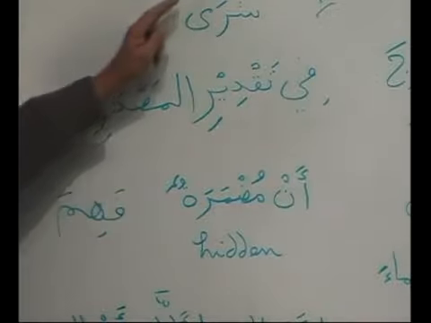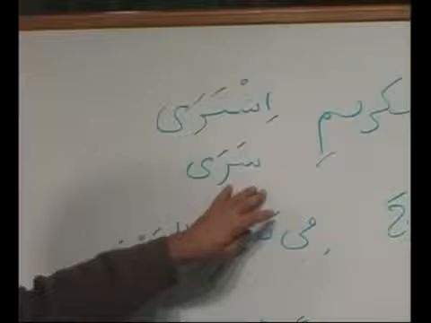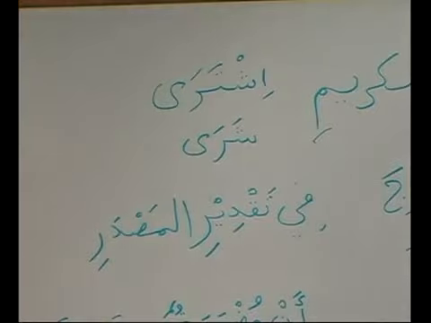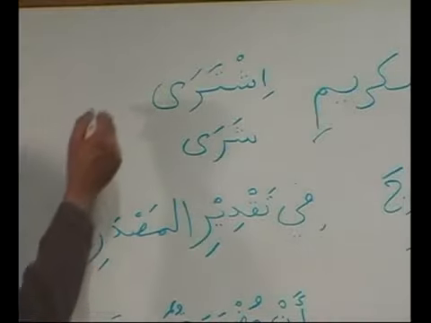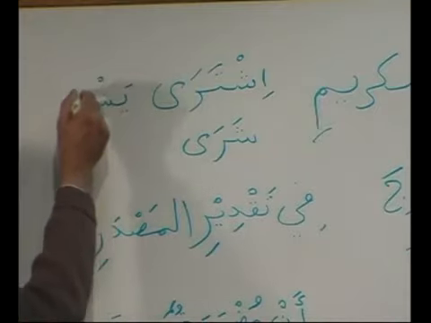So, brother, ishtara. Now, you do not use shara for to purchase. You use ishtara, which is form 8. But don't worry about it. We are going to learn all these things. Ishtara, yashtari.